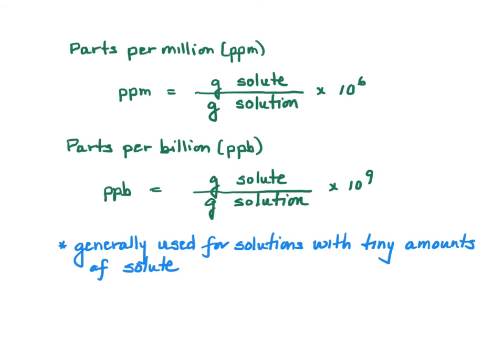And then the last couple are parts per million and parts per billion. They're a lot like a percentage. It's part over whole, but instead of multiplying by 100, we're going to multiply by 1,000,000 or 1 billion. And these are generally used for solutions with just teeny tiny amounts of solute. So something that is 5 parts per million has 5 grams of something in like 1,000,000 grams of solution.